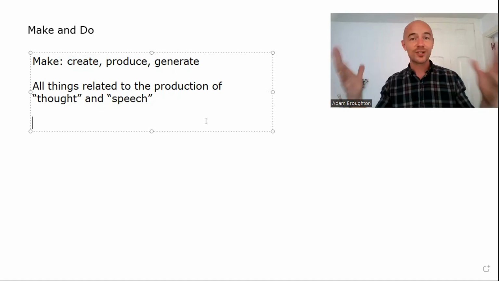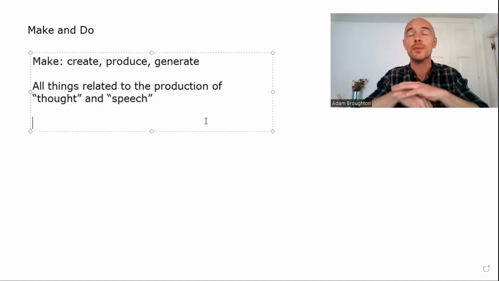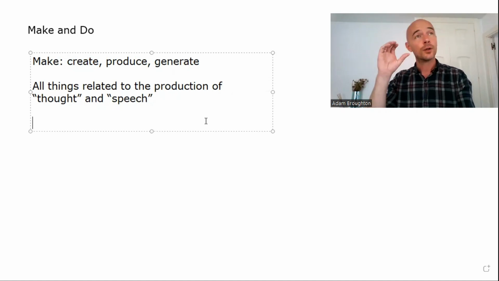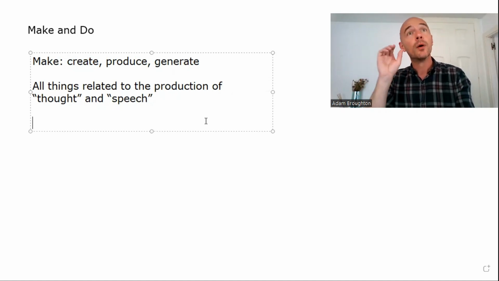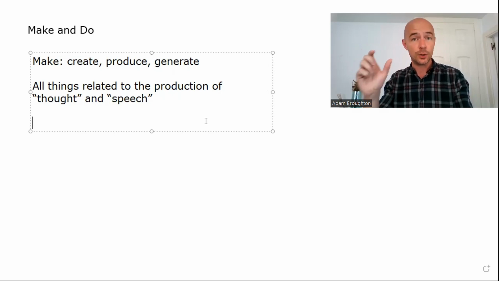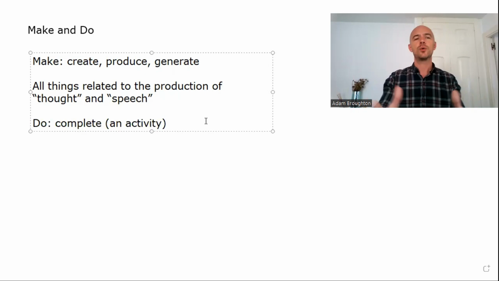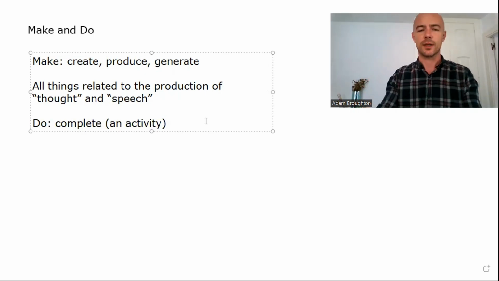Do represents all verbs. It's the generic verb of action. So I think that the reason that the auxiliary verb for actions is do is because it's the generic verb of actions. So there we go. So do is basically you complete an activity.